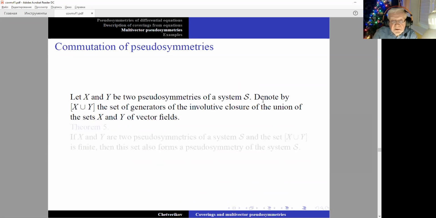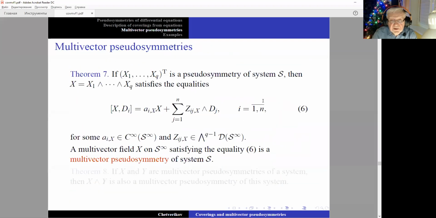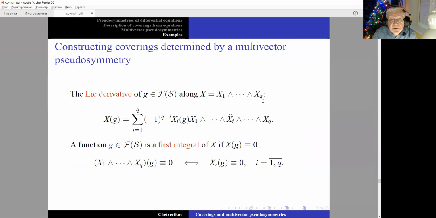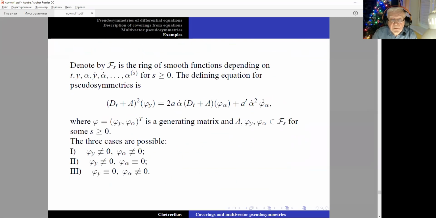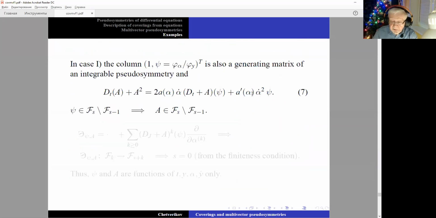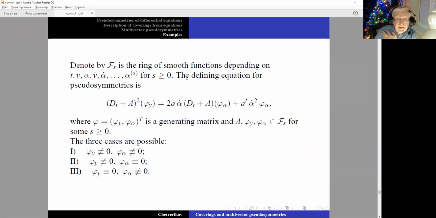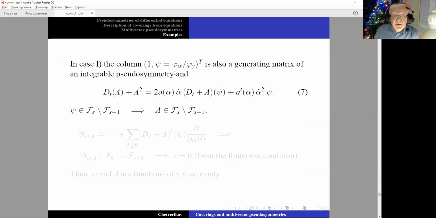This fact we use in the example of the Kapitsa pendulum. We consider now phi, and then we consider this generating matrix.